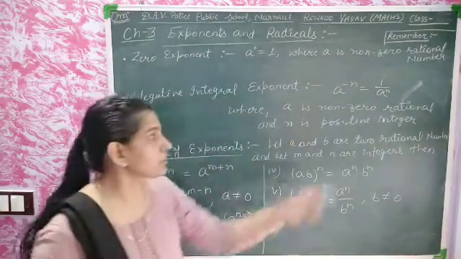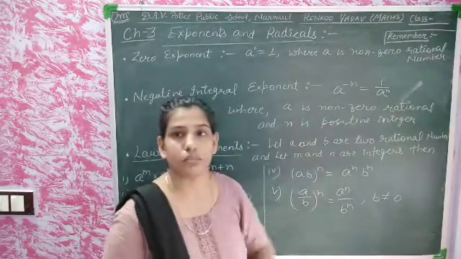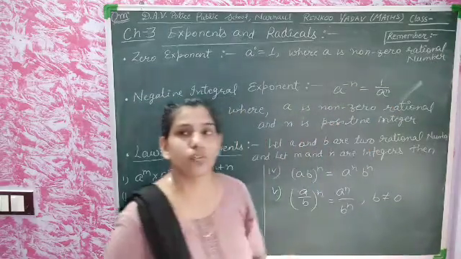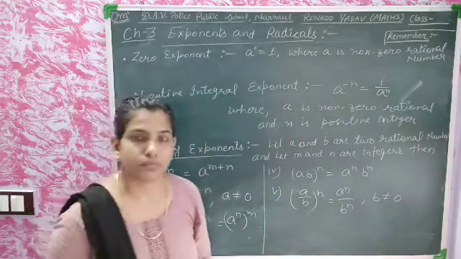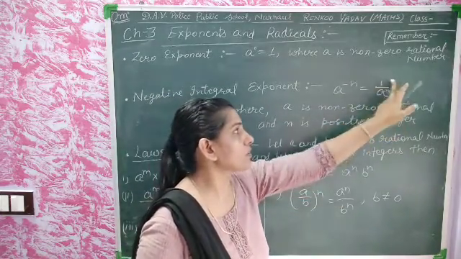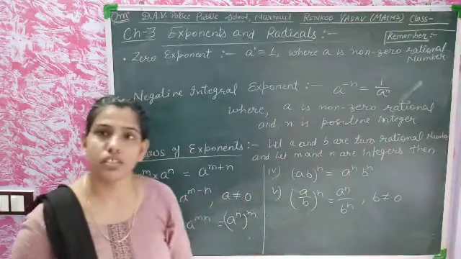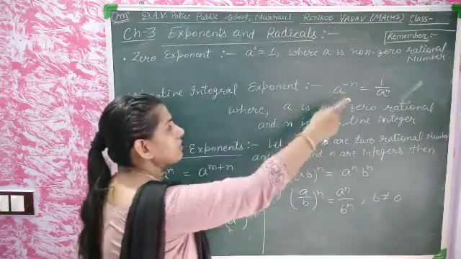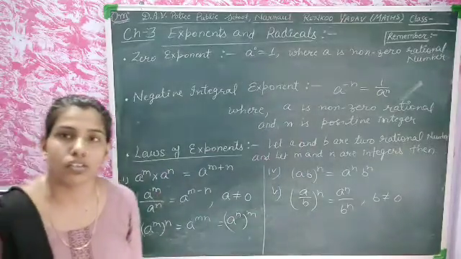Is this clear students? Because this is the reciprocal of this number. So a to the power minus n is equal to 1 upon a to the power n. If we take the reciprocal of this number, then it will become this. Is this clear students?